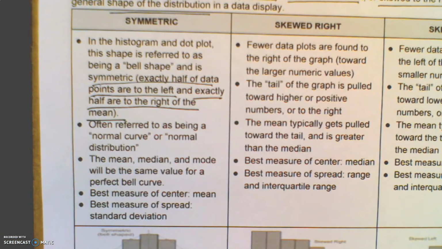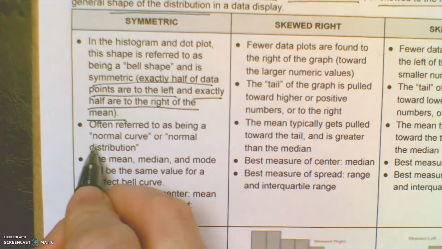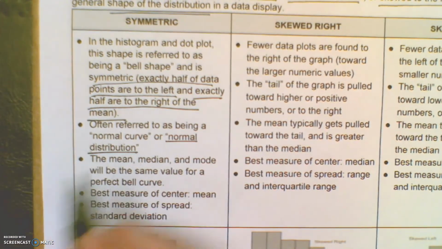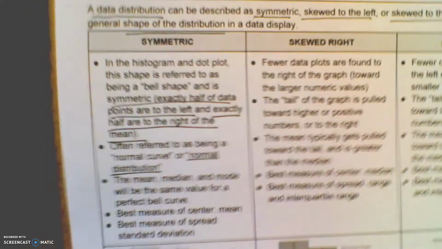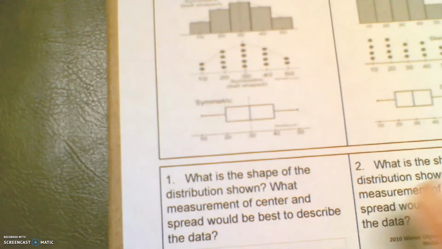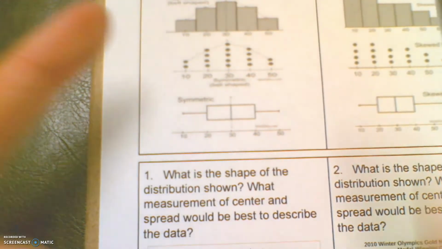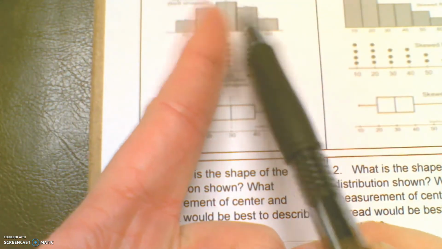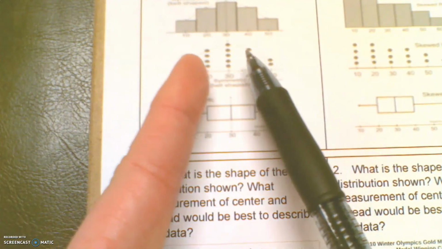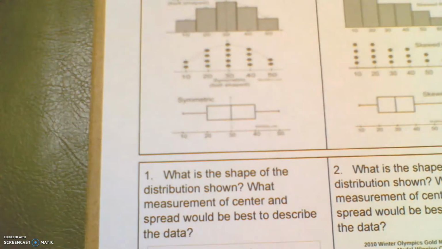We often refer to this as a normal curve or a normal distribution. So if we look at two examples, think about what it means to be symmetric. If we were to fold the histogram, if we were to fold the dot plot, everything would line up.